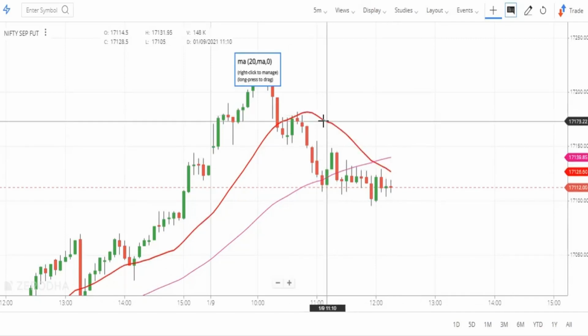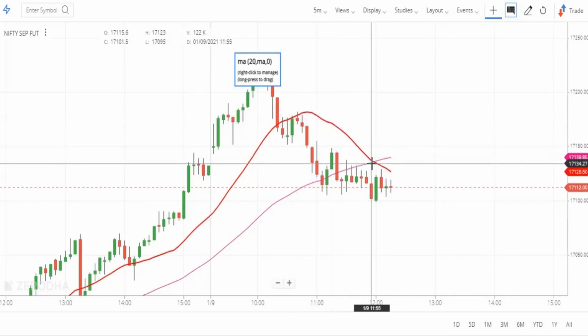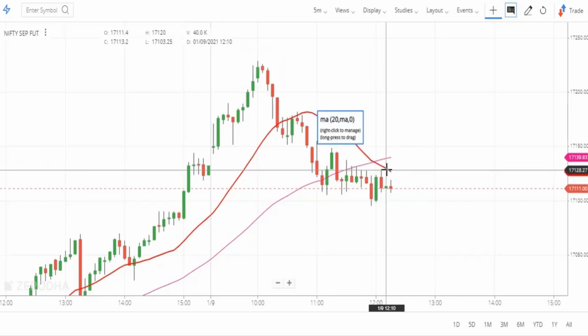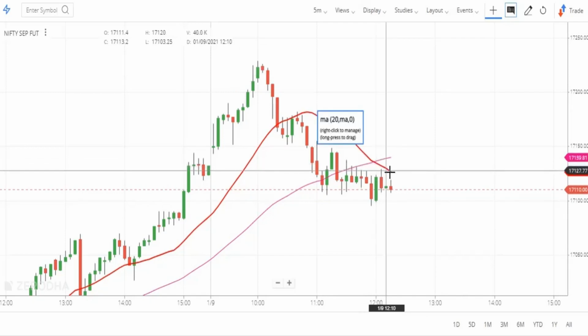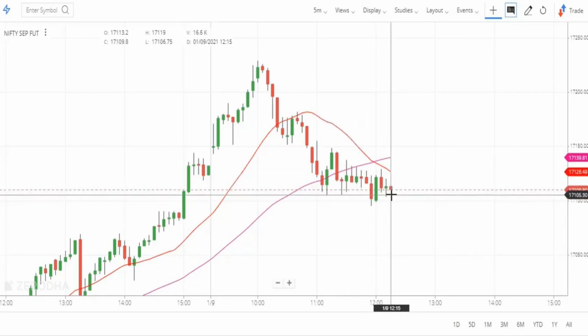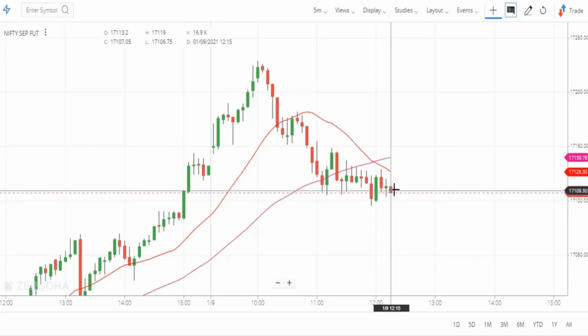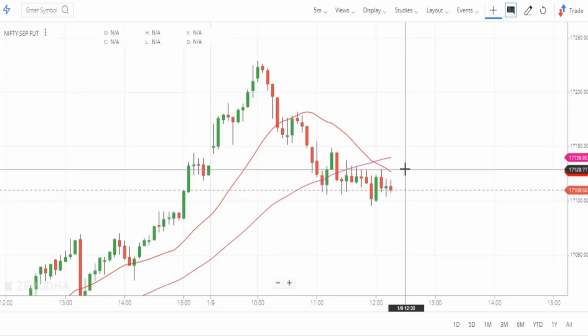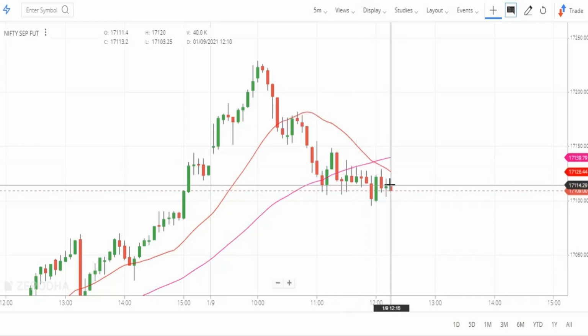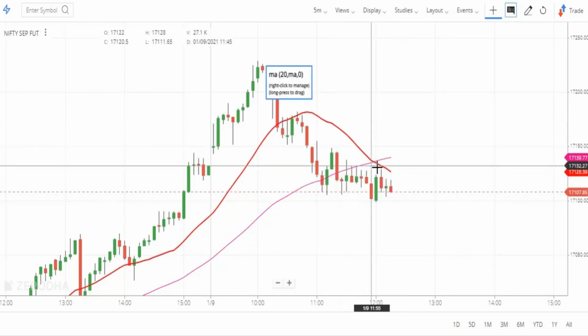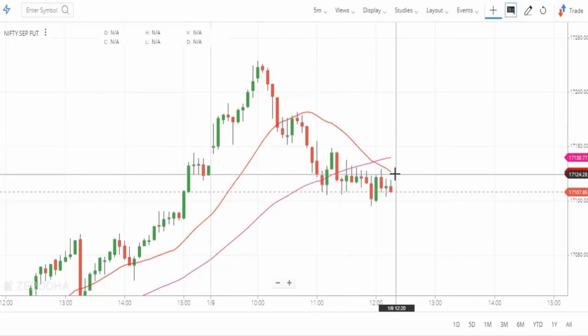The fast moving average, the 20 moving average, crossed below this 50 moving average, and now the moving average is indicating the markets may fall more. This is a very pessimistic crossover. This is a negative crossover, because when the fast moving average crosses below the slow moving average, it is a negative crossover.